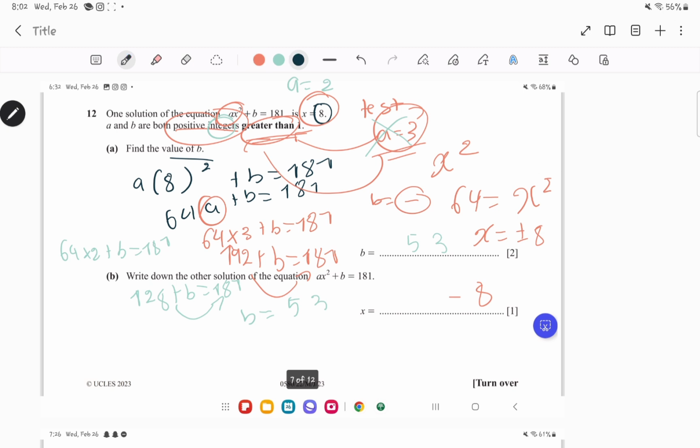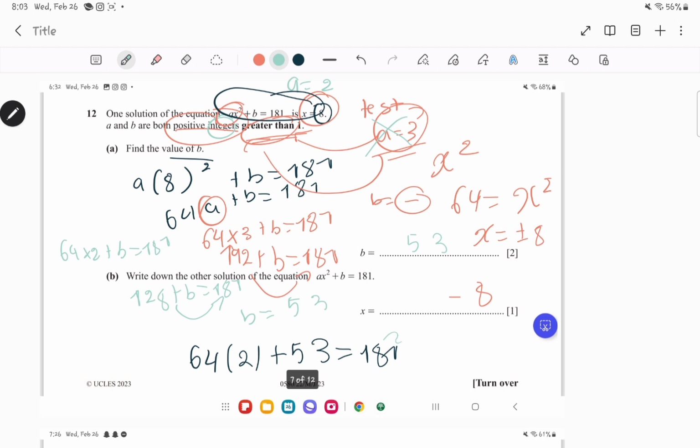Or another way of doing it is just substituting. So you're going to get 64 times 2 plus 53 is equal to 181. Here you're going to get, in both cases, 0 on both sides. But what you could do is take this equation and substitute all of the values instead of x.